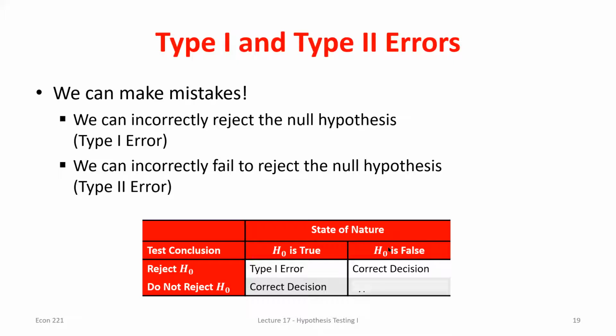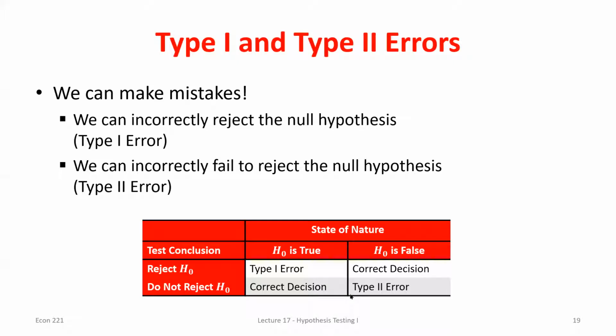If the null ends up being actually false, well, then I should always be rejecting it. Right? Those are my correct decisions. However, when the null is true, but I rejected it, so I rejected when I shouldn't have, that was my type 1 error. And then if the null is false, but I failed to reject it, I failed to reject even though I should have, that was my type 2 error.